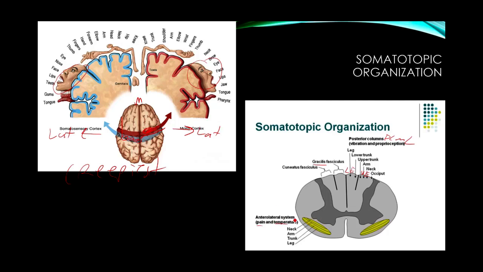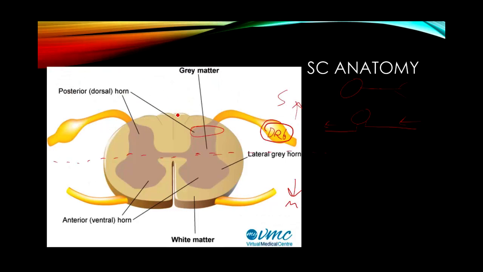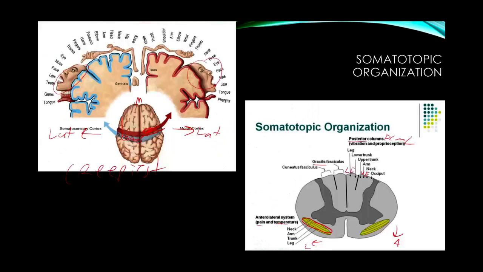So the anterolateral system is traveling, remember this side of the spinal cord is anterior and this is lateral, so it's traveling anterolaterally. And then the posterior column medial lemniscus pathway travels in the posterior column of the spinal cord, which, remember, this is the posterior column here.